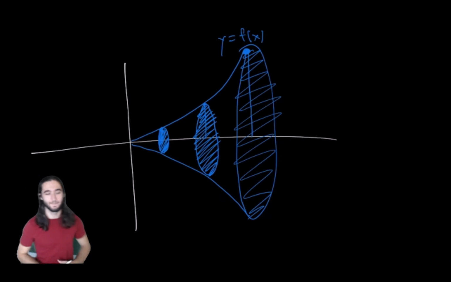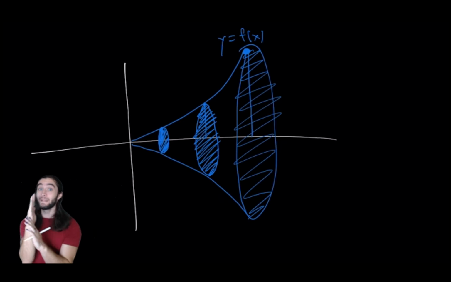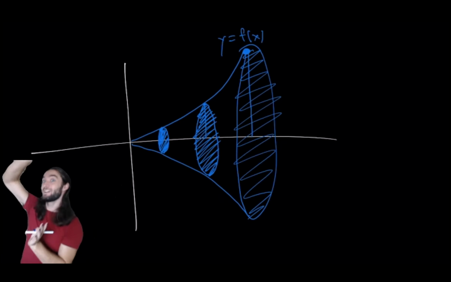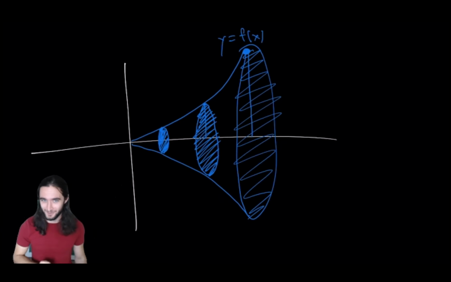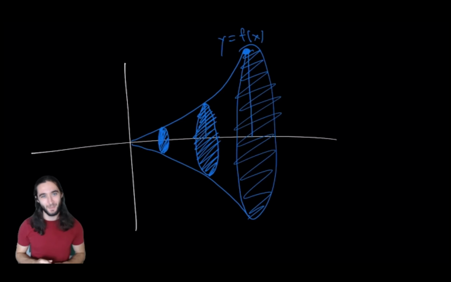Here's the key idea. If you take all of those areas, all infinitely many of them, and you add up all of those areas, well, together, that's going to be the full volume of the interior.